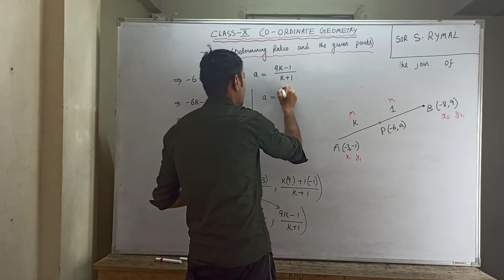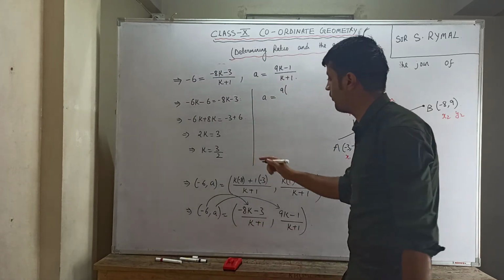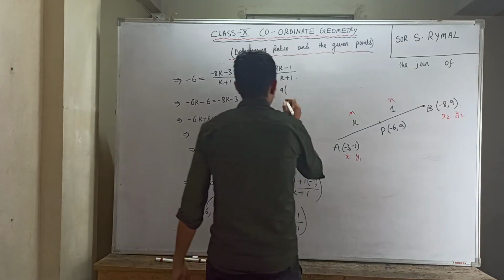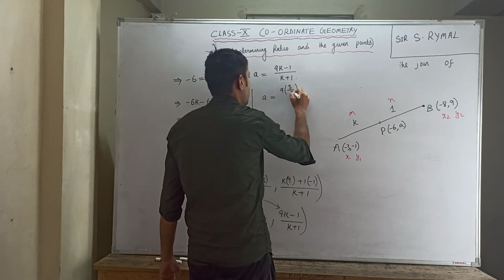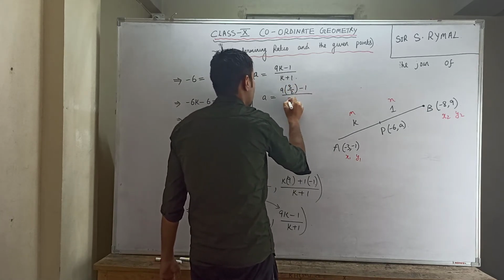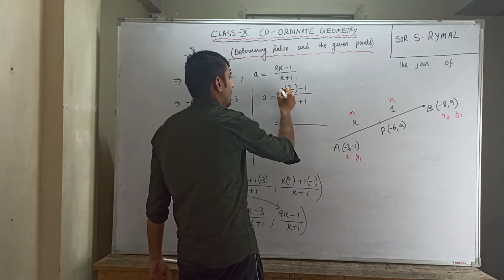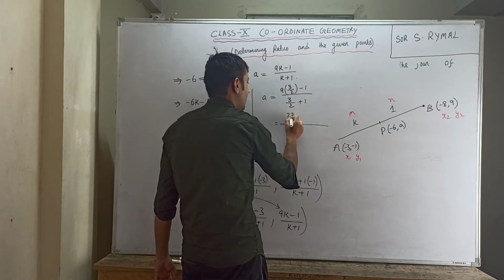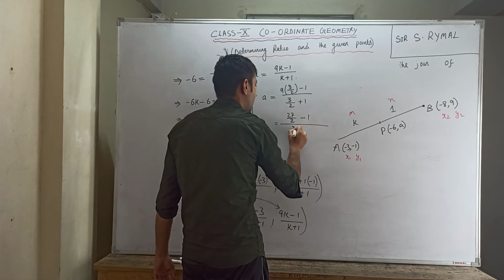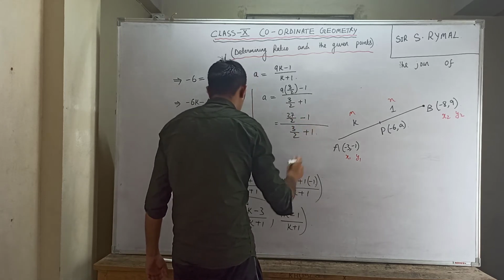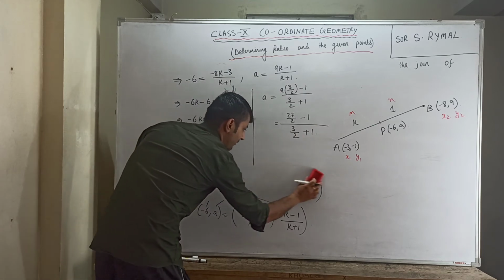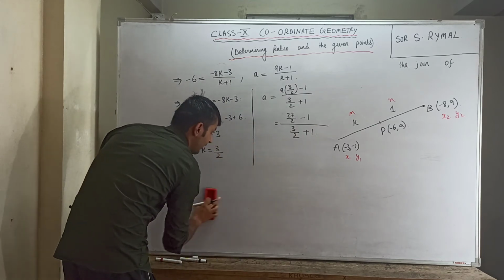So it will become 9 into how much? What is the value of k? It is 3 by 2. So 3 by 2 minus 1 divided by 3 by 2 plus 1. Do the simplification. 9 3s are 27. 27 by 2 minus 1 by 3 by 2 plus 1. Again, simple simplification you have to do.